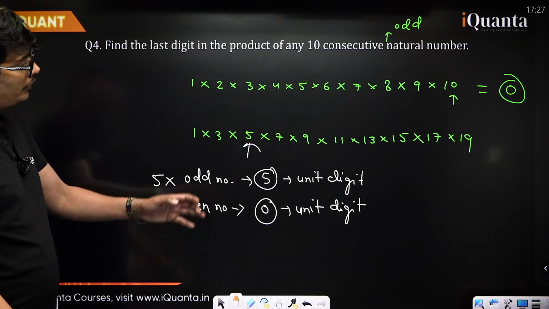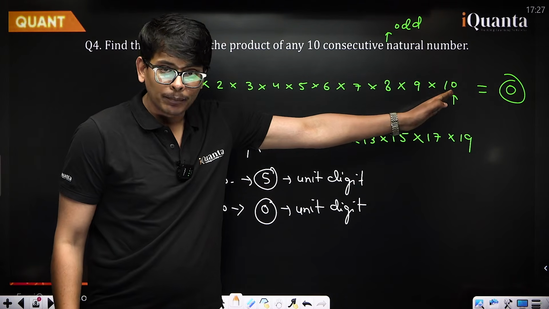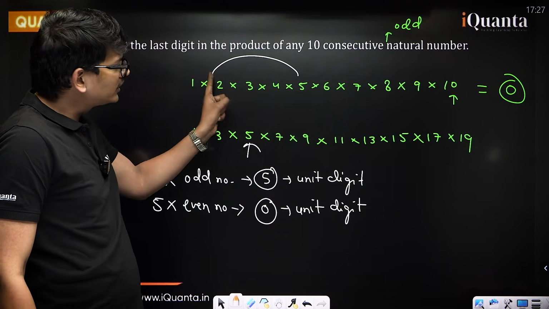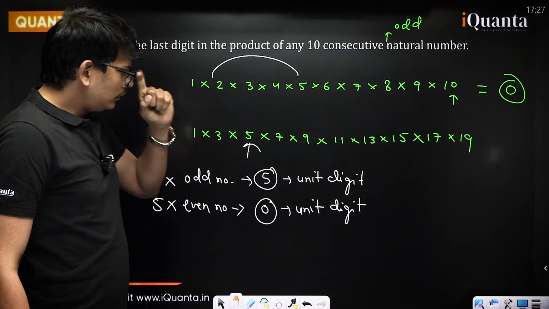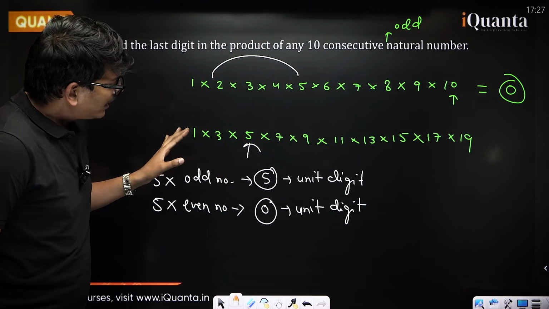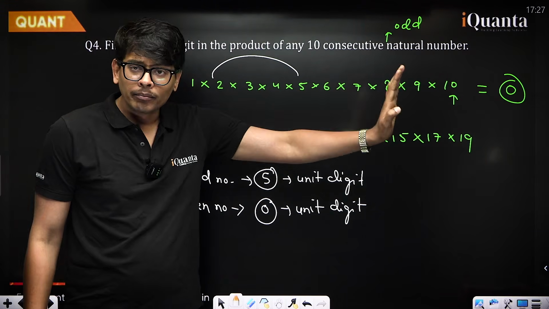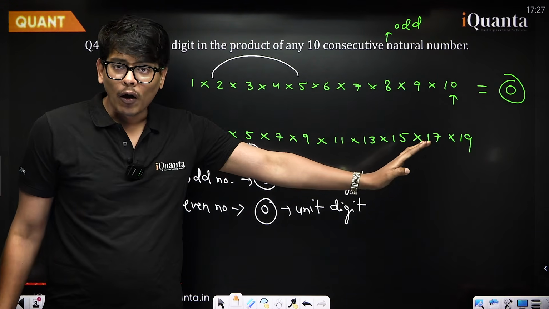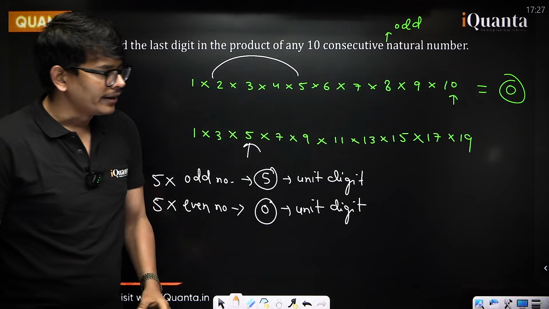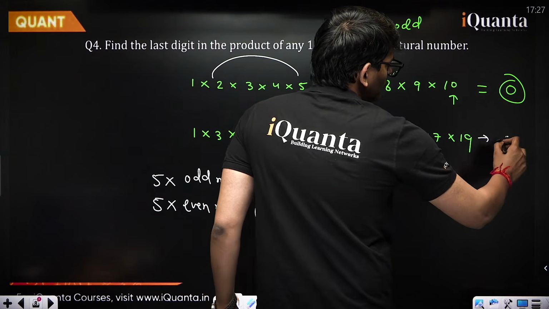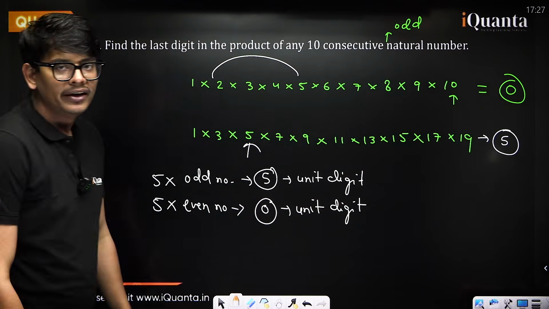For example, if you focus on this part, 5 into 2, that is also ending with 0. But if I talk about odd natural numbers, here all the numbers are odd, so 5 into odd will always end with 5. So the answer for this particular question will be 5.